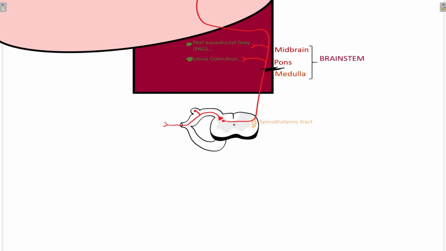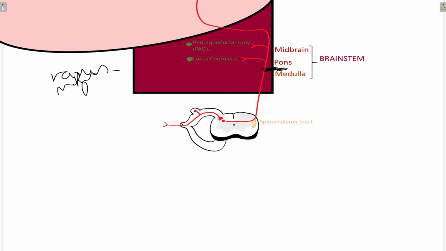Now, the periaqueductal grey matter actually branches into the raphe magnus through other interneurons. So the raphe magnus is found between the pons and the medulla.